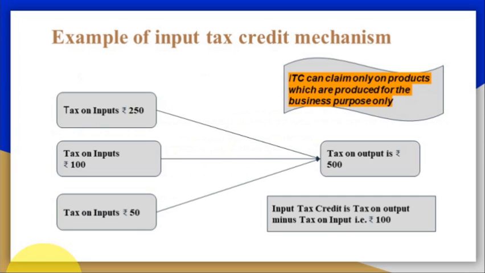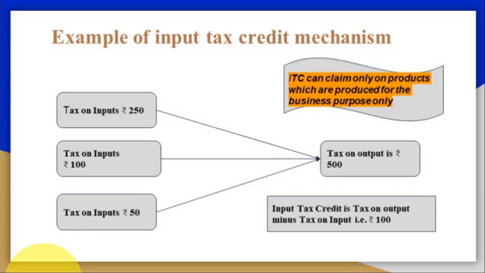How does this input tax credit mechanism work? A manufacturer purchases raw material from three different suppliers, converts the raw material into finished goods, and sells those finished goods to a trader, wholesaler or final consumer.